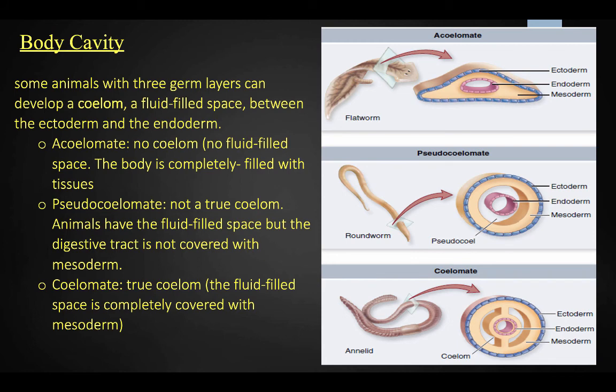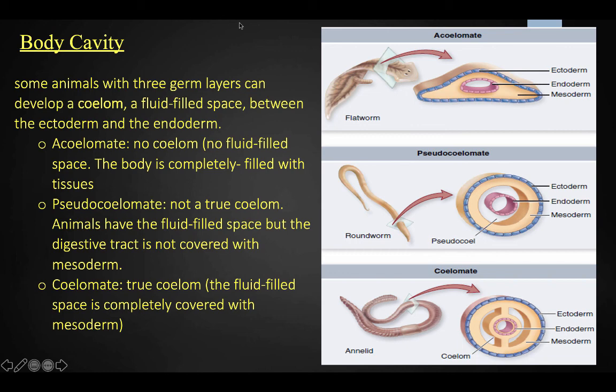Now, when you have those three, the next thing we can do to classify organisms is look at, do they have a body cavity? So some animals that will have 3 germ layers, the triploblastic, will develop what's called a coelom. And this is a fluid-filled space, and it's between the ectoderm and endoderm.